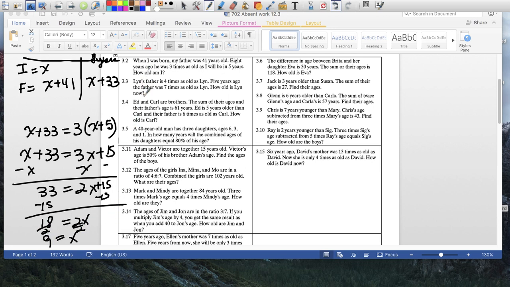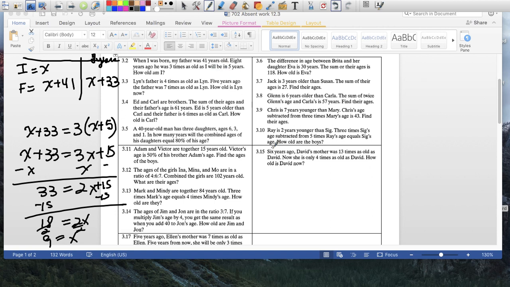So let's see if that makes sense. If x is 9, your dad is obviously 50, and 8 years ago the father was 3 times as old as I will be in 5 years.